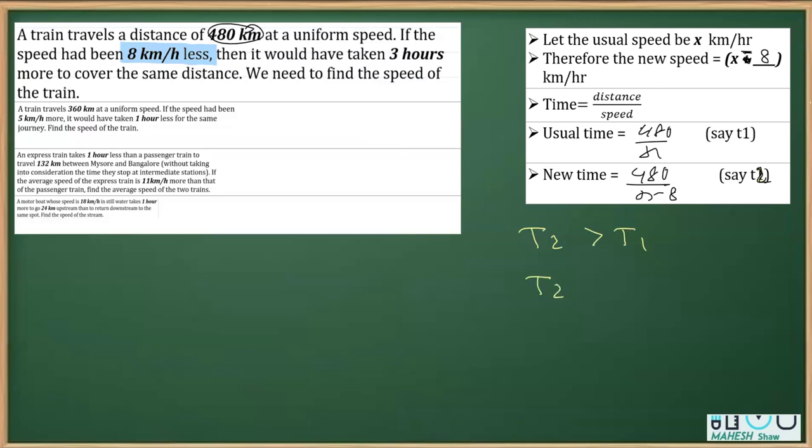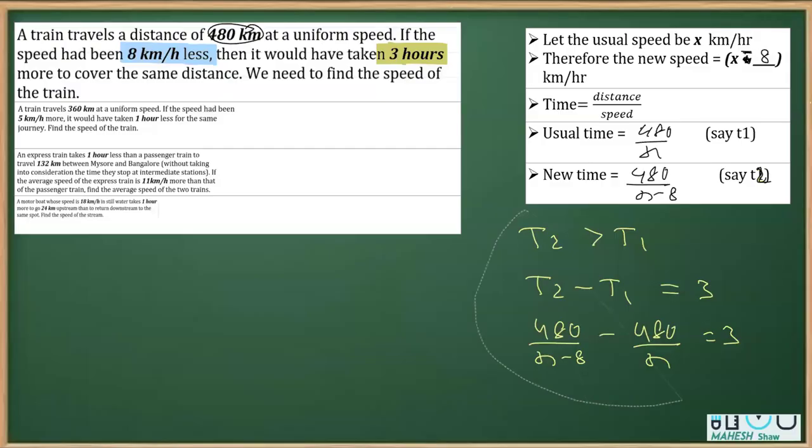And the difference in time, that is T2 minus T1, we can figure out from here is 3 hours. So I'll write T2 minus T1 is equal to 3. T2 is 480 by x minus 8, minus T1 which is 480 over x, is equal to 3.